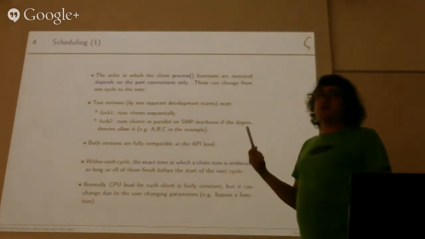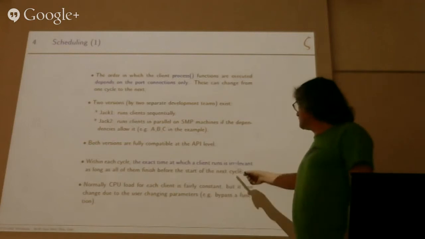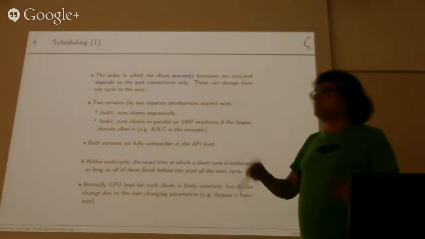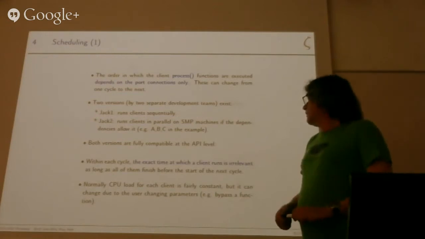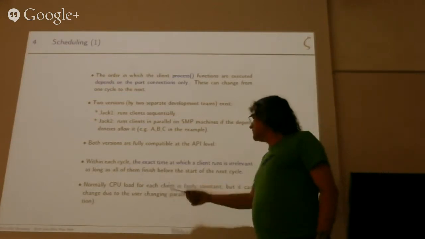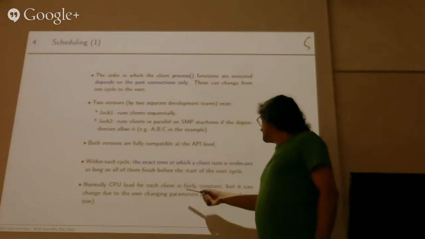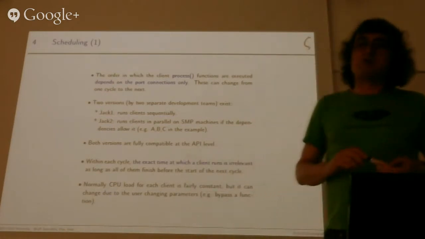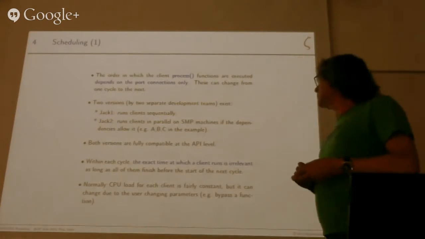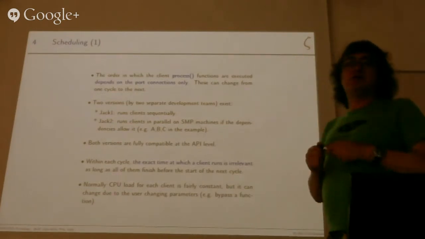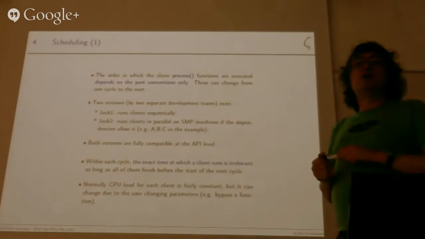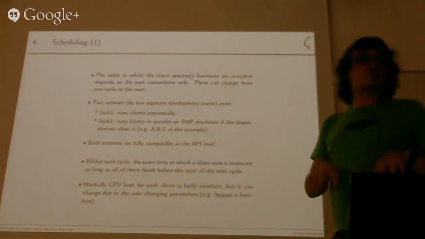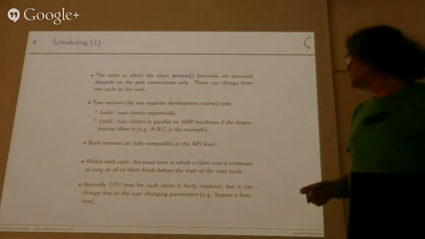So all work should be finished before the start of the next cycle, of course, which is imposed by the sound card and nothing else. And normally, in most clients, the CPU load per client is more or less constant. But there are applications in which it can change quite drastically. For example, a synthesizer depends on the number of notes you play at the same time.